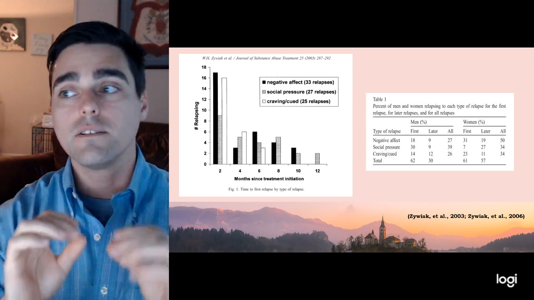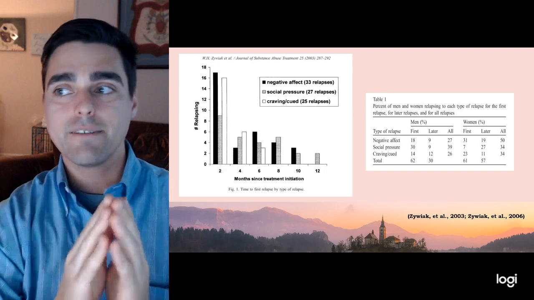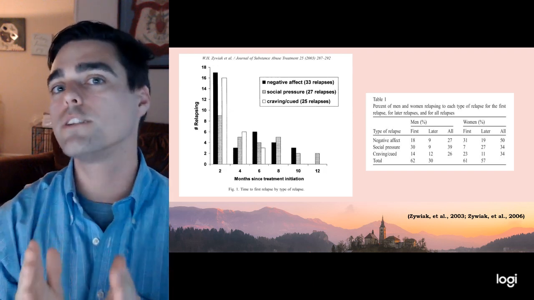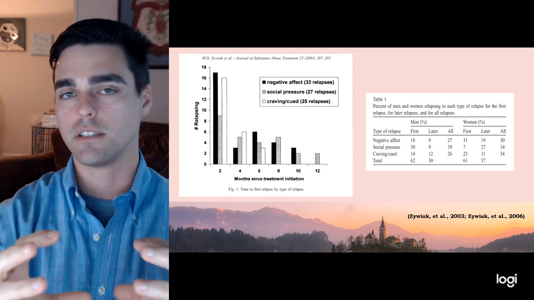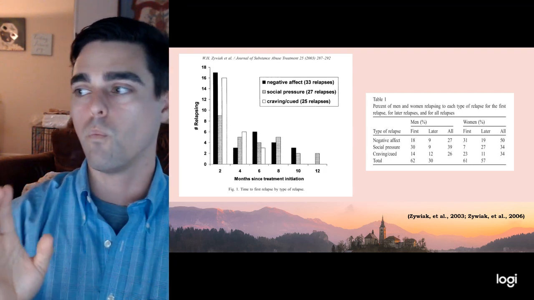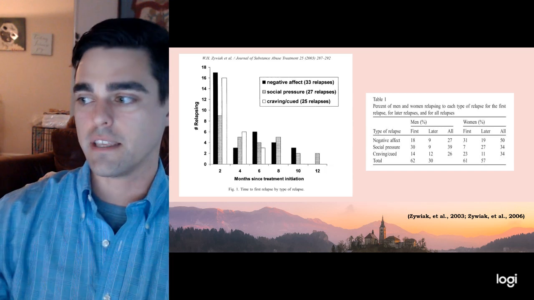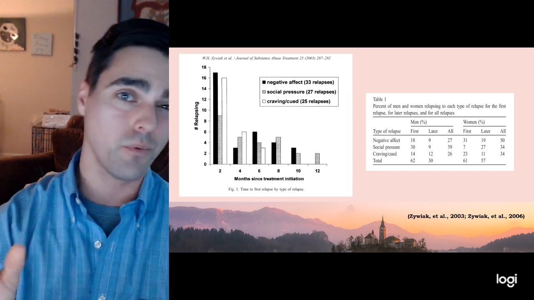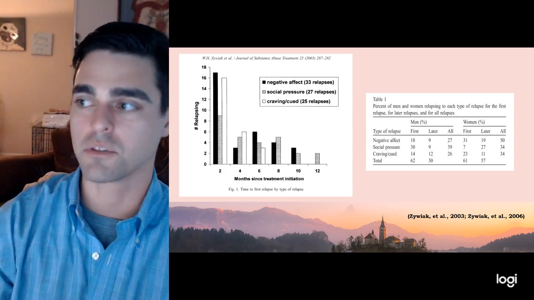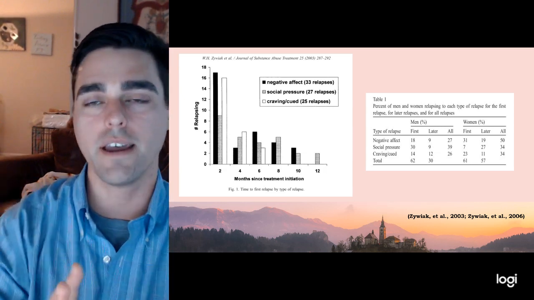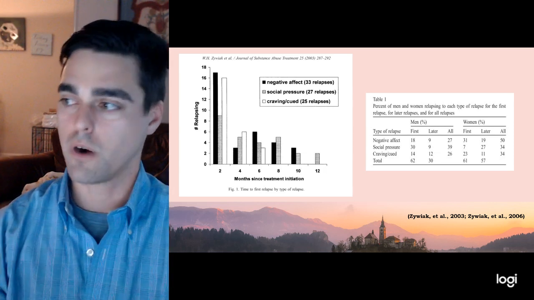But what we still see here is that negative affect and social pressure continue to be very large causes of relapse. And what we can see too on the second, this is both by Zawiak, I again don't know how to always pronounce people's names, the one on the left is from the first study, and the one on the right is the follow-up study.